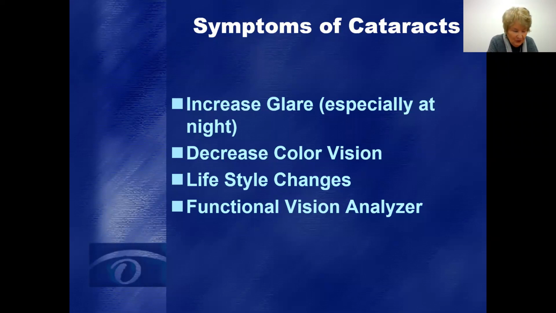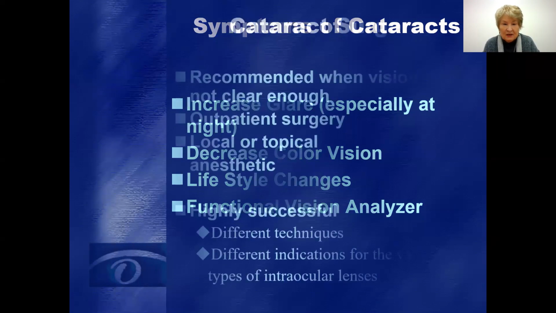So what we want to do is test with this functional vision analyzer, so that real world life, especially with night driving, can make a big change in the decrease of your visual acuity. A lot of the insurance companies were actually demanding that, and we send that along so that they see that the vision severely decreases when we put it under normal lifestyle conditions.